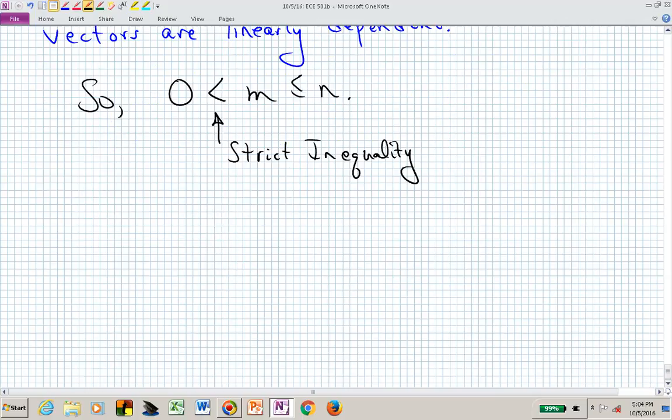But now that we have m bigger than 0, we can create a polynomial out of those coefficients, those a sub j's.